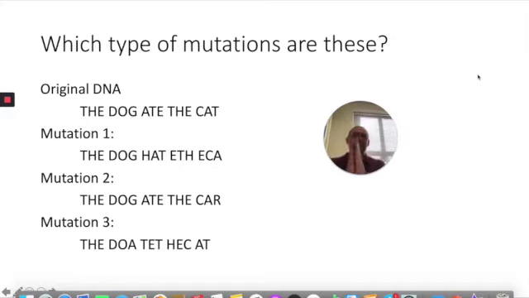By inserting that letter, everything after that gets messed up. In the case of mutation 2, we have substituted a letter. We've removed the T and substituted an R. You'll notice that it changes the entire meaning of the sentence. With mutation 3, we've deleted a letter, and everything after that has been messed up.